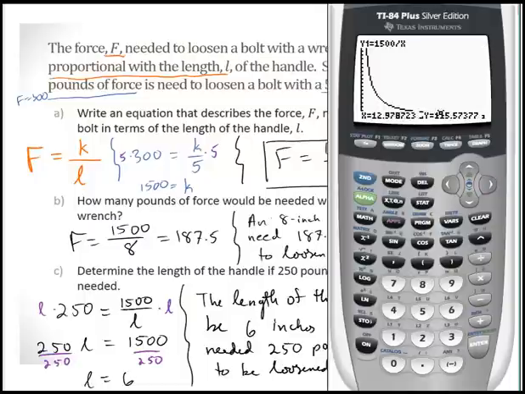Let's look at about a length of 18. If I had an 18-inch wrench, I only need 83 pounds of force. As that length becomes larger, the amount of force needed becomes much smaller. And that's what happens with inverse variation. As you increase the input, the output decreases.